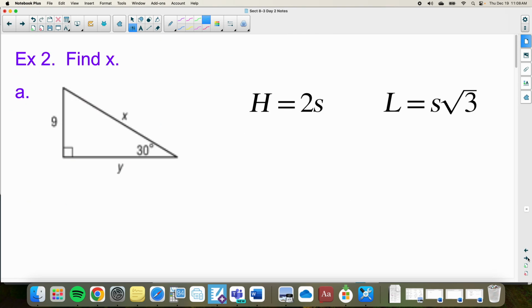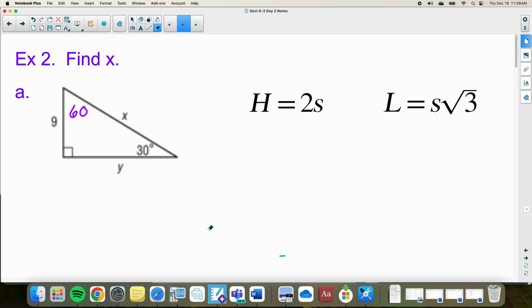You're going to get a problem that has a 90, and then they usually give you either the 30 or the 60. If one's 90 and one's 30, automatically the other one is 60. You could do the math and add them and subtract from 180, but you'll always have a 30, 60, 90 here.